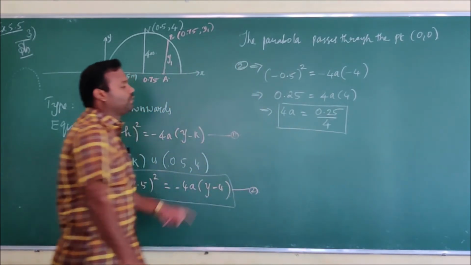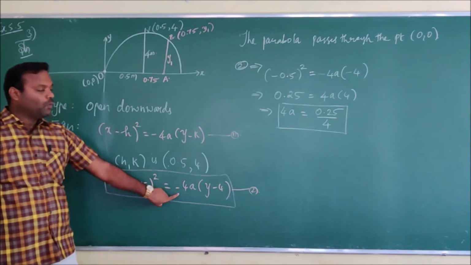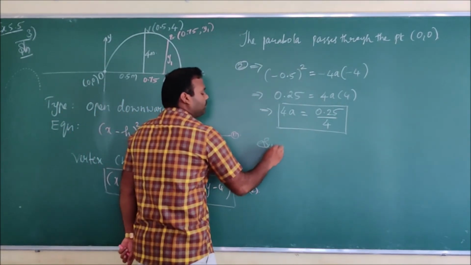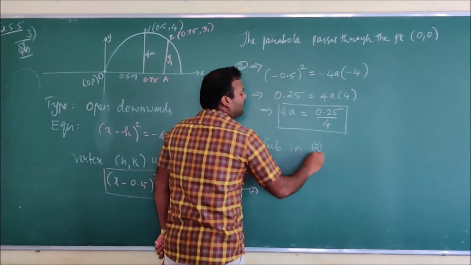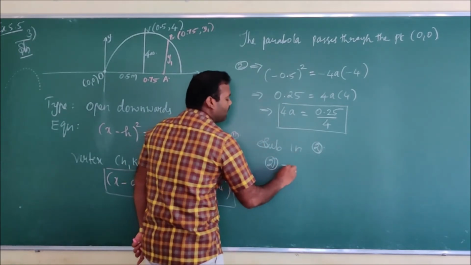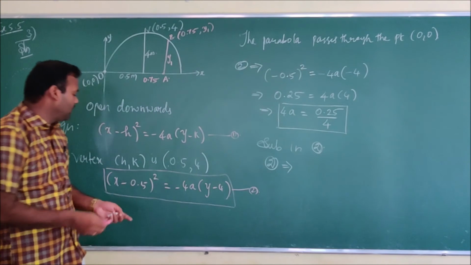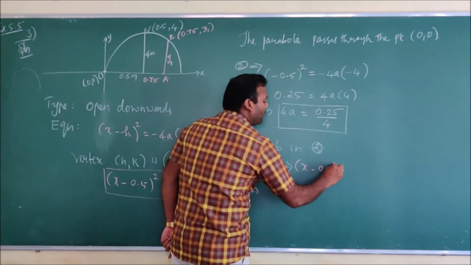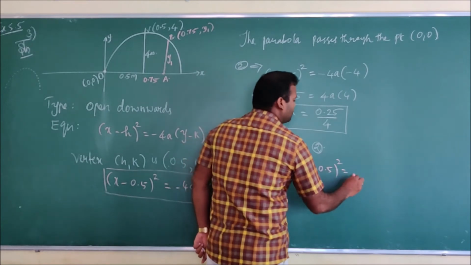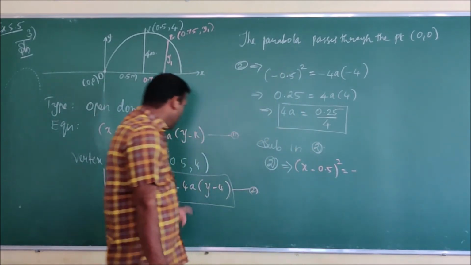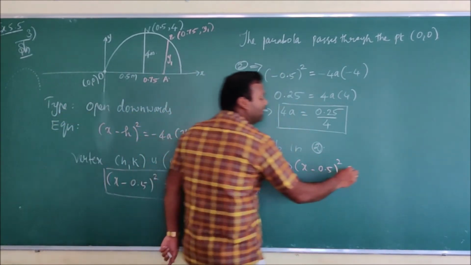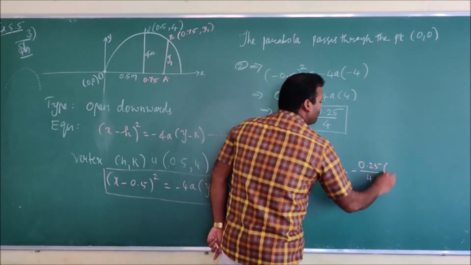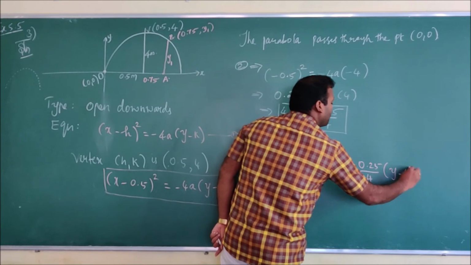Now I am going to substitute this value once again in the second equation. So your second equation is x minus 0.5 the whole square is equal to minus 4a into y minus 4, where the value of 4a is 0.25 divided by 4.